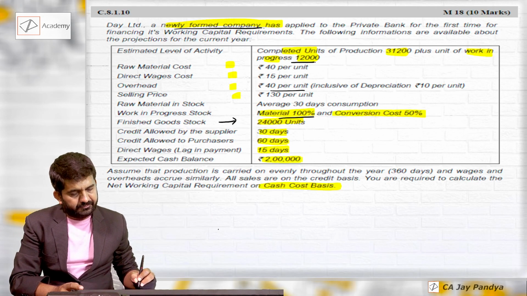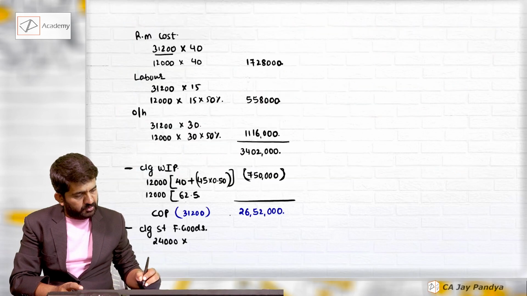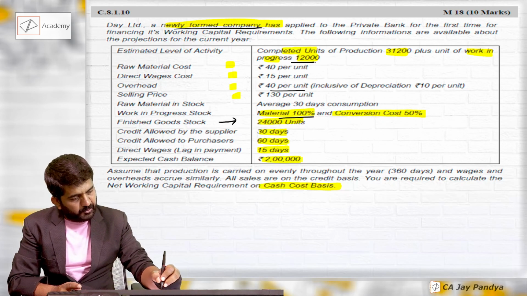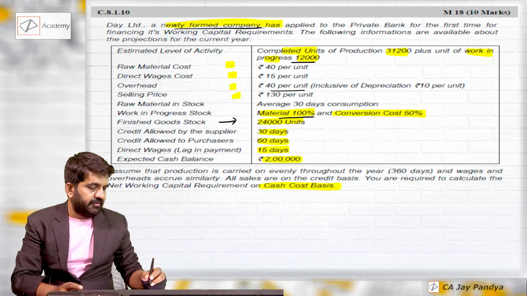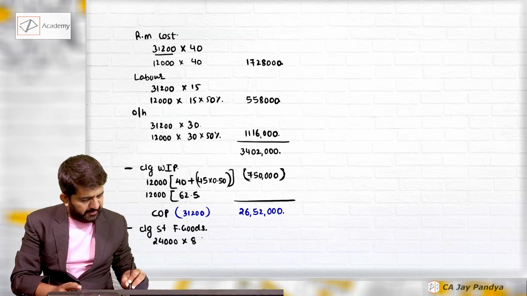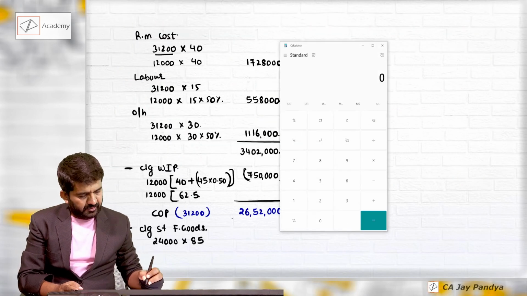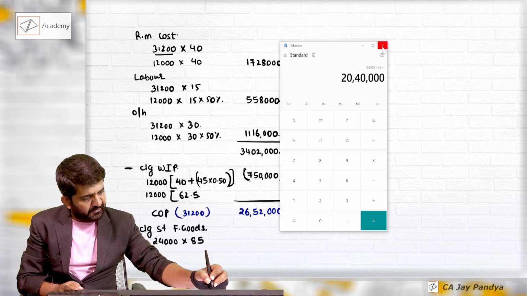Multiplied by 24,000 units into full production cost: 40 plus 15 plus 30, that is 45 plus 40, that is 85. 24,000 into 85, which is 20 lakh 40,000.